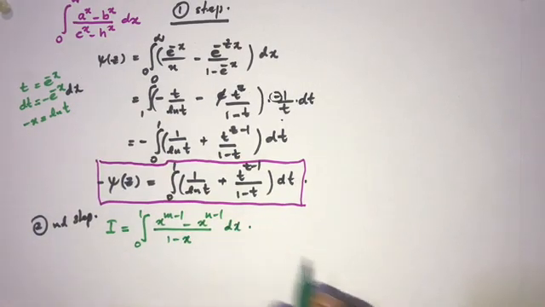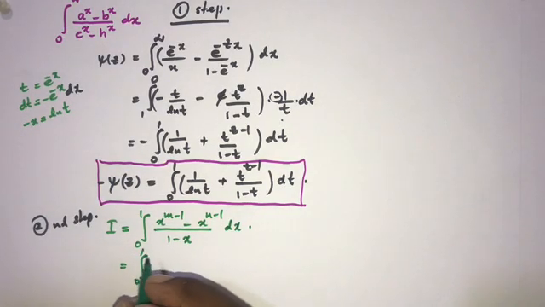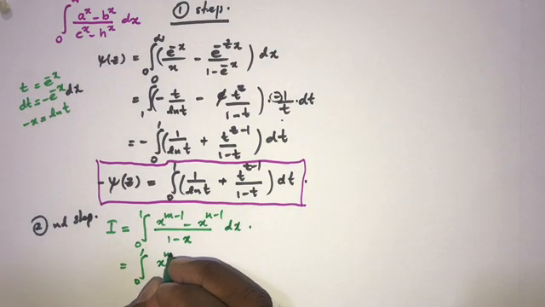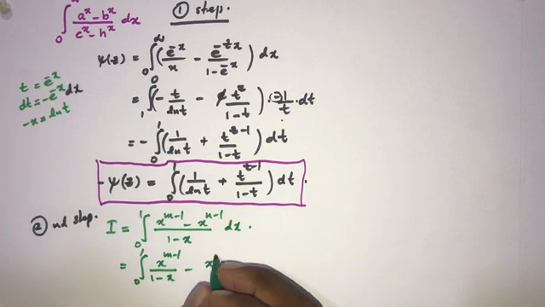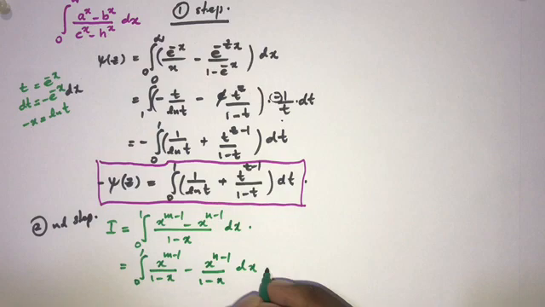Now we can write this as the integral from 0 to 1 of x to the m minus 1 over 1 minus x, minus x to the n minus 1 over 1 minus x, dx.